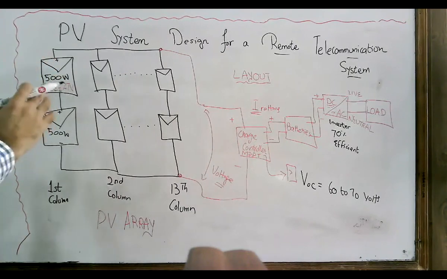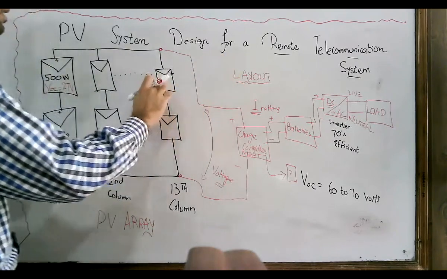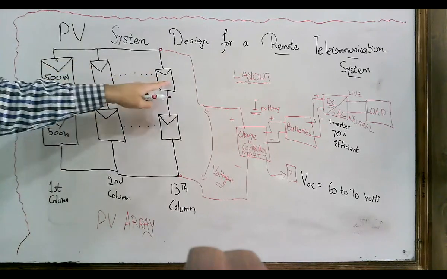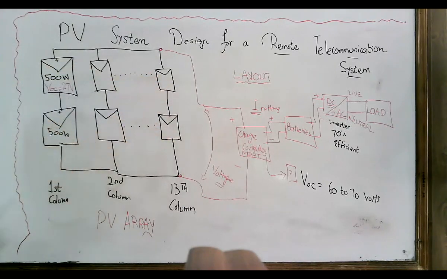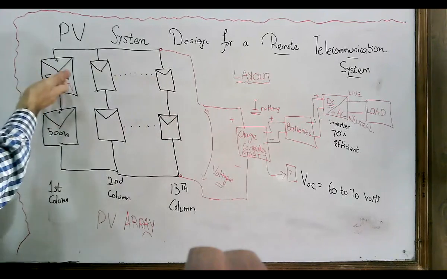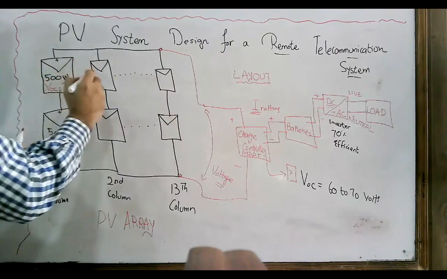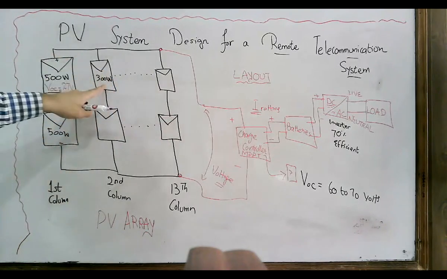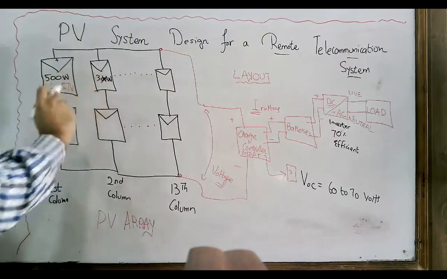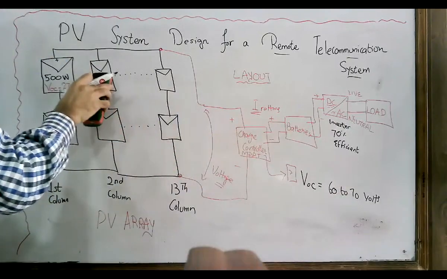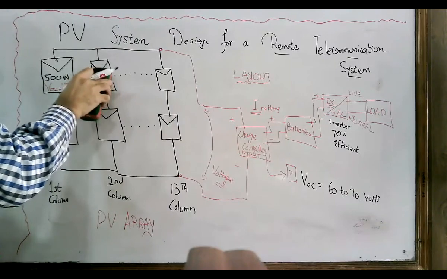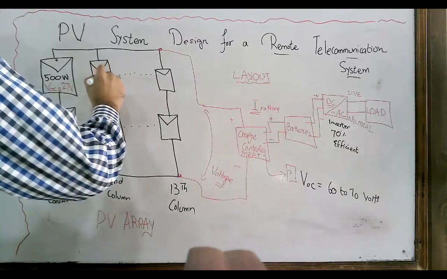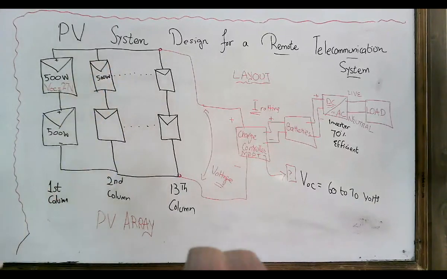So here it is 13 columns, and each and every PV module is of the same rating. You cannot do this: here is a 500 watt, here is a 500 watt, and here you connect a 300 watt PV module. No, the PV modules which you are using in the array must be exactly similar. Okay, understand this thing?